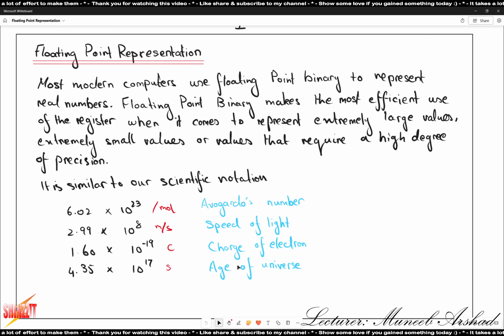And the floating point binary makes the most efficient use of the register when it comes to present extremely large values, extremely small values, or the values that require a high degree of precision. ठीक है? So rather than saving the whole series of numbers, how does the computer actually deals with it? Calculation क्या होती है उसके पीछे? ठीक है?